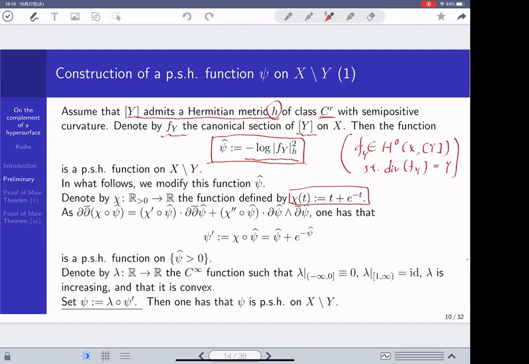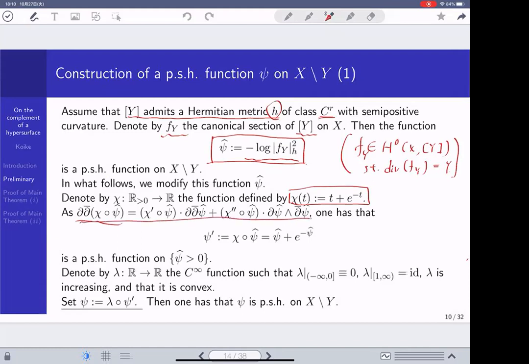Then the derivative d d-bar of chi composed with psi hat is equal to this one.